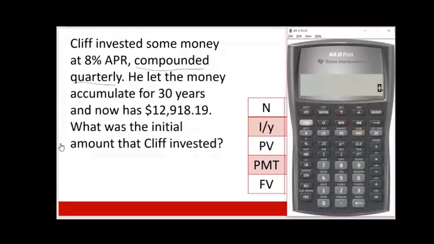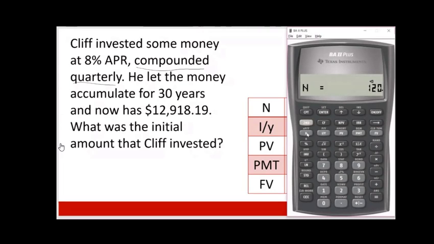So first of all, you need to adjust the interest rate and number of years that you have. So 8% divided by 4 is 2, our interest rate. Also 30 years times 4, 120 is our N.